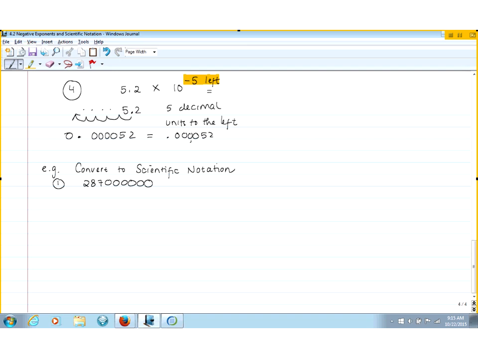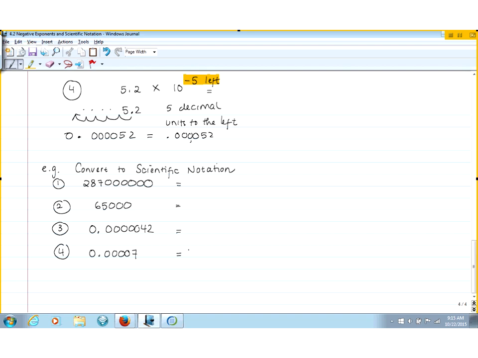And then I have 65,000, and then I have a very small number, 0.000042, and I have 0.0007.